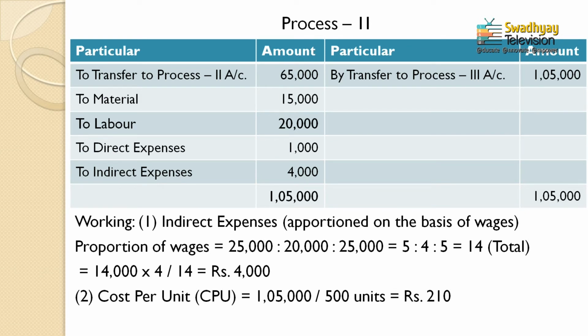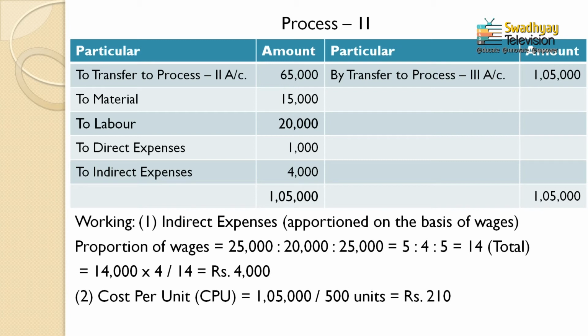So these are the expenses of the process 2 account, along with the transfer from process 1, and the expenses which are specifically incurred for process 2 are going to be recorded on the process 2 account debit side. Again, in the same way, we do not have any income so far for the process 2 account, whether it is normal wastage, abnormal wastage, by-products, or any other transfer of units or goods concerned with the credit side.